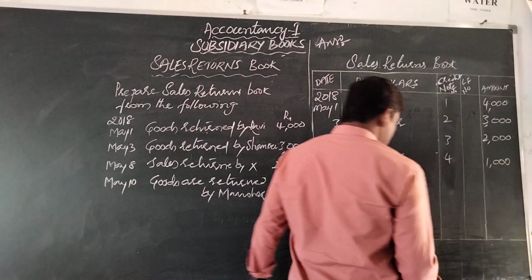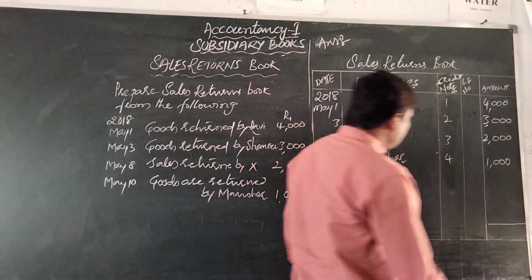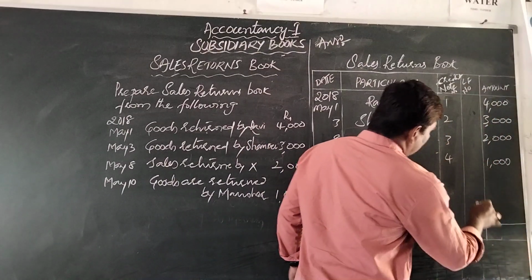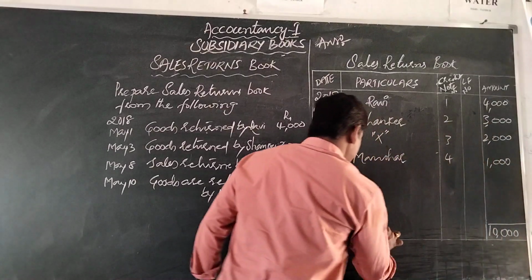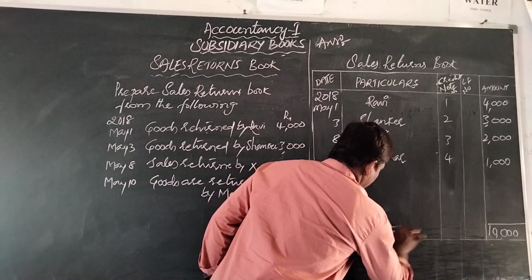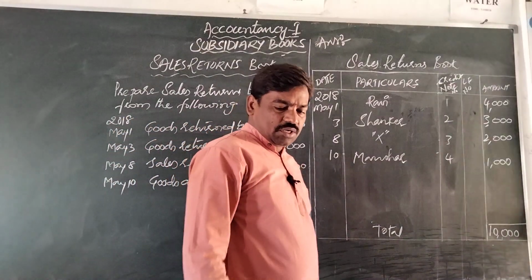At last, calculate the total of the amount column, and that would be 10,000. Write total in the particulars column. Like this you can prepare the sales returns book.